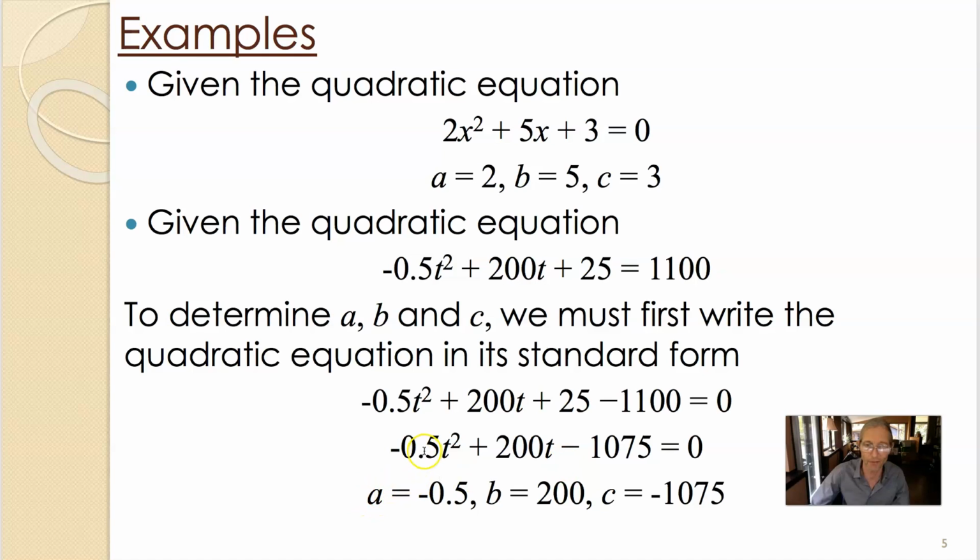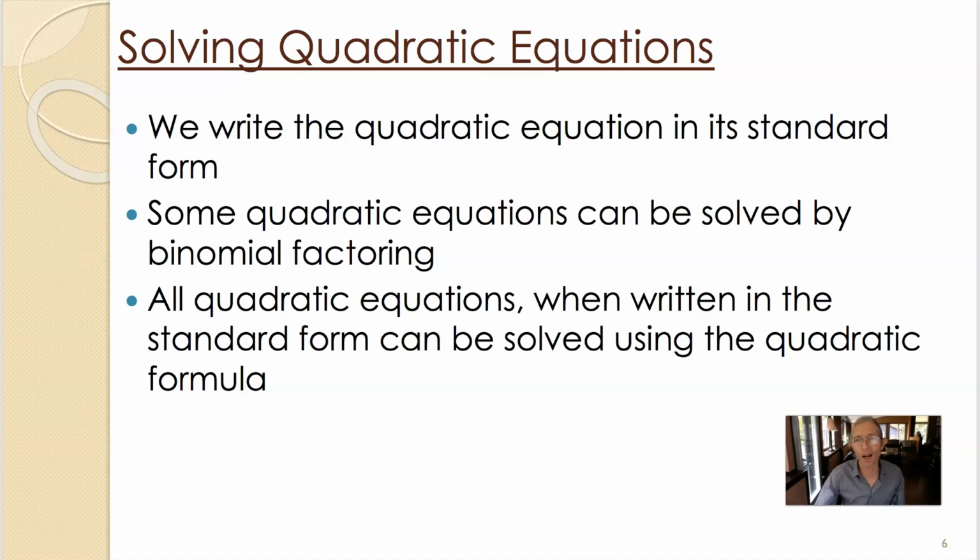And then we can just pick off the a, we can pick off the b, and now we've got our c, which is negative 1075. Okay, a mistake I see sometimes is people will just forget about this and they would say c is 25, which of course is incorrect.